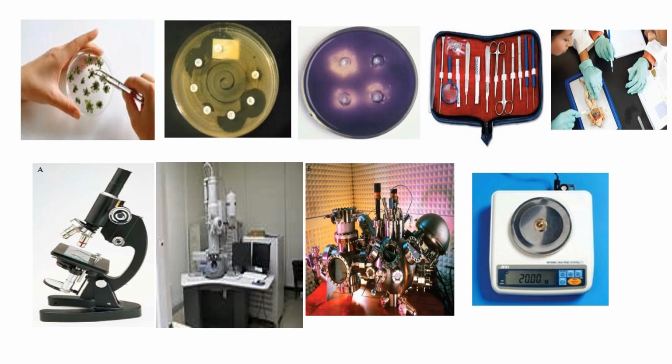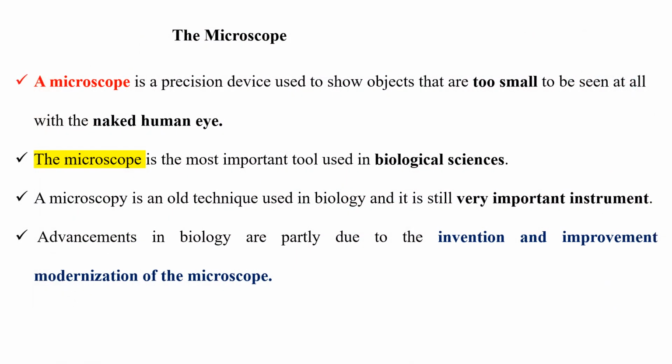If you say microscopes, you remember magnification and resolution. A microscope is a precision device used to show objects that are too small to be seen with the naked human eye. This microscope is most important in biological sciences, to study different microorganisms and the detail of cells.